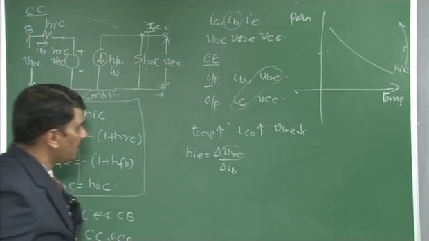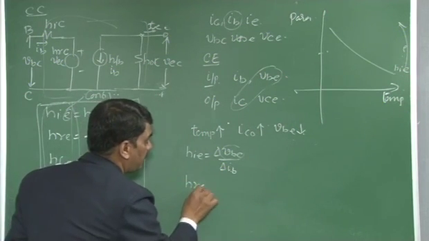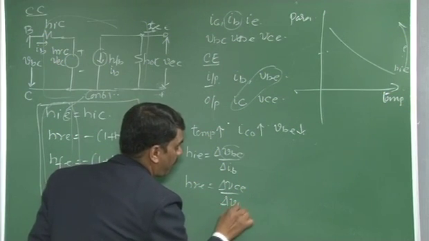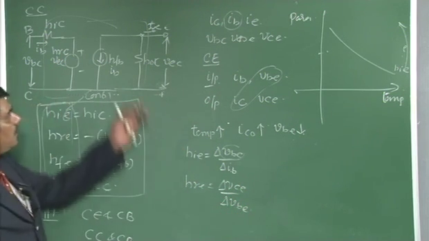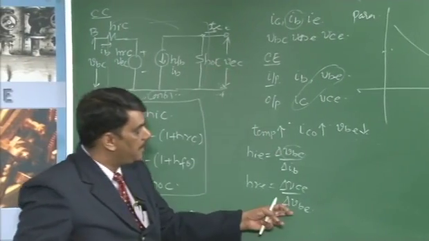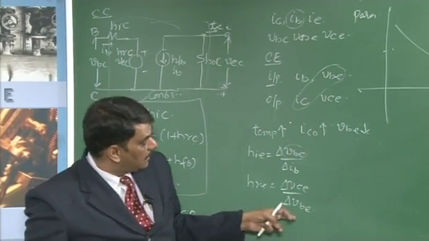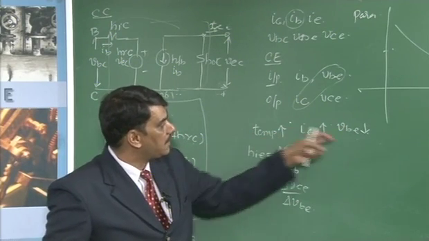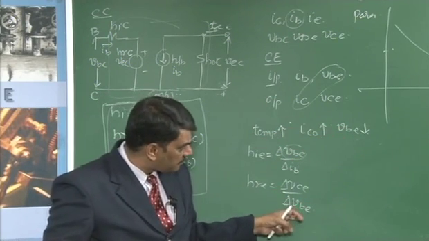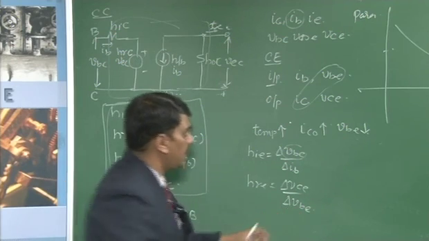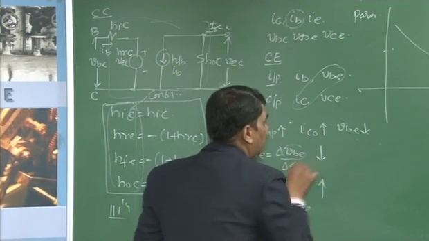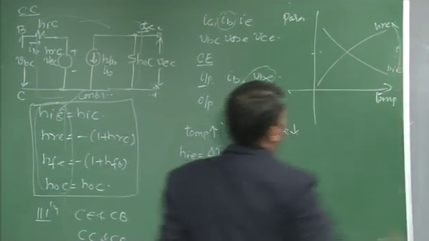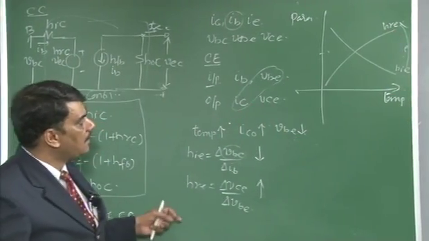Similarly, HRE is defined as delta VCE by delta VBE. VCE is independent, but VBE depends on the temperature. As the temperature increases VBE decreases, hence HRE increases, roughly exponentially, because it depends on the temperature.